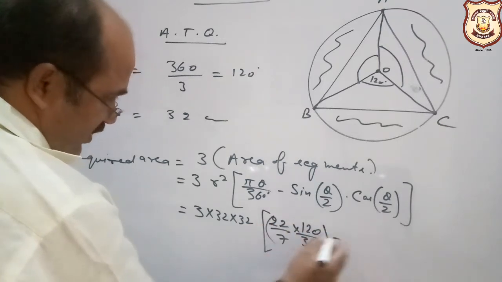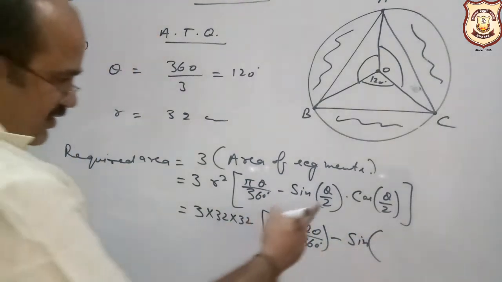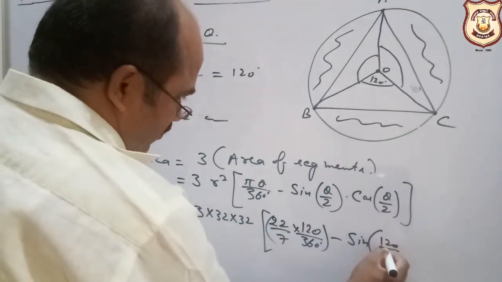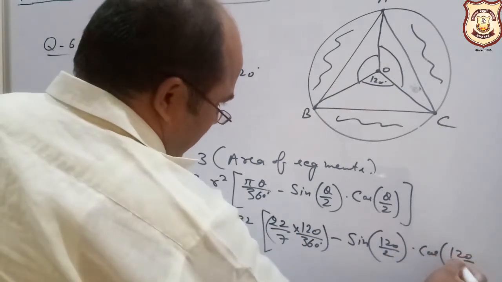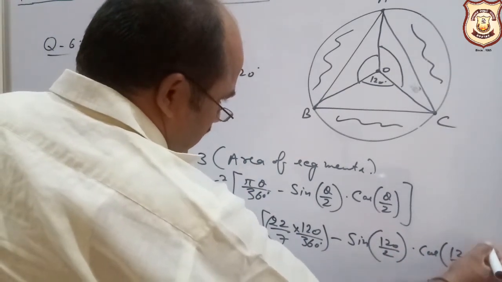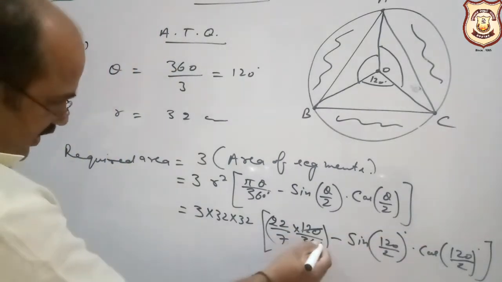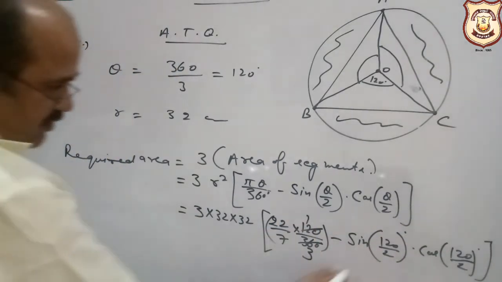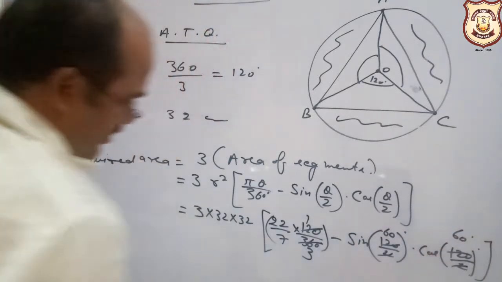Minus sin 120 by 2 into cos 120 by 2 degree. So 120 cancels with 3, and 2 with 60.